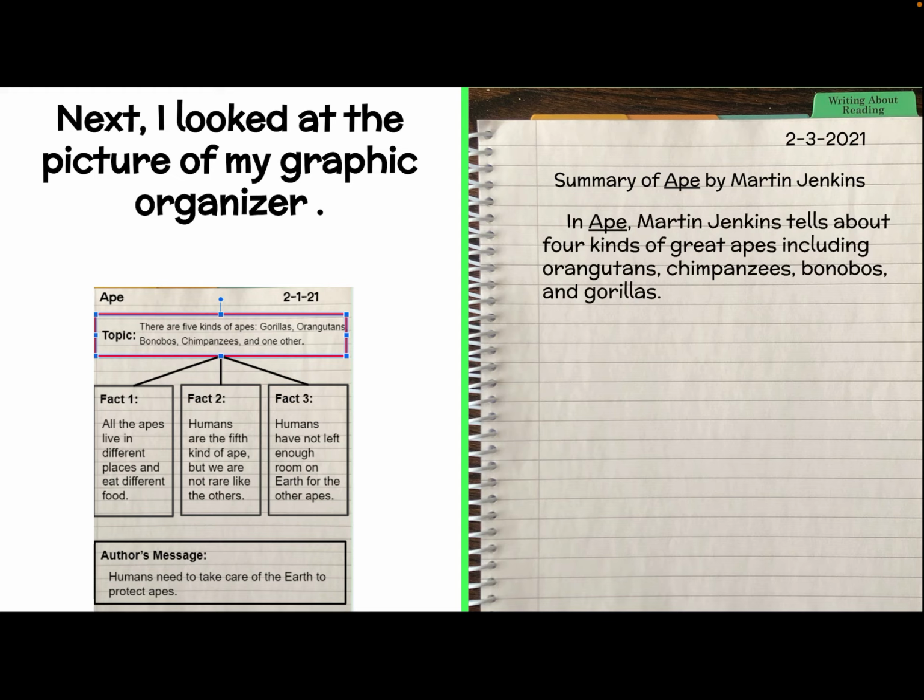I start my other sentences all the way at the gray margin. That's the line on the left-hand side of the page. I don't start my writing in the middle of the page or a few inches to the right of the margin. I make sure that my writing goes up to the margin.